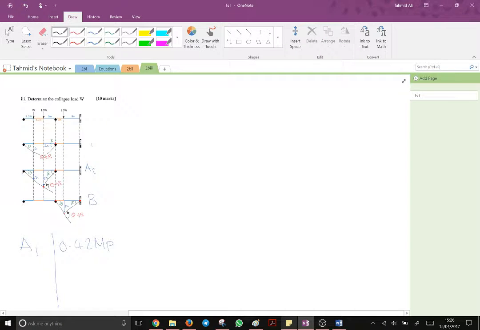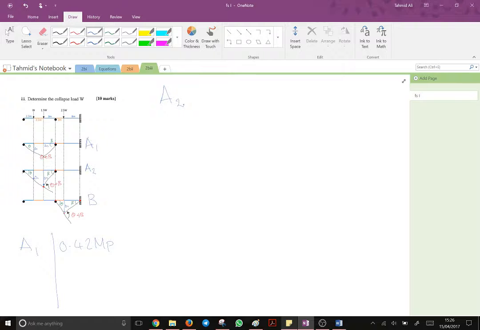Well, you can do it anyway. So now we're dealing with beam A2. Like previously, we're going to try to make a relationship for theta and beta.